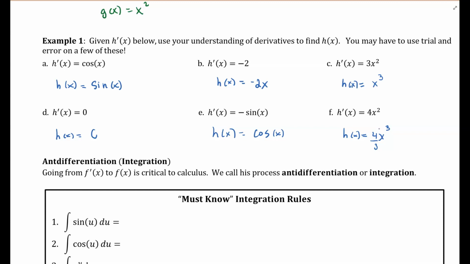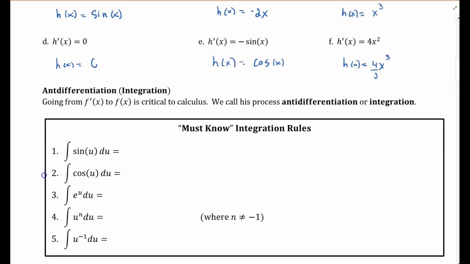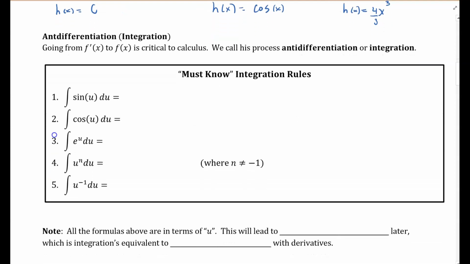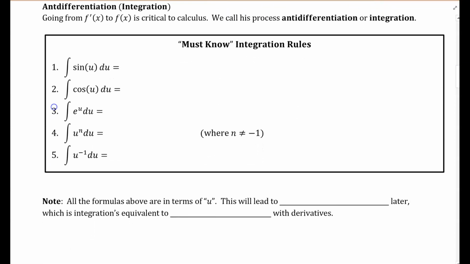So we're going to go ahead and talk about antidifferentiation or integration. And notice these terms are used interchangeably. They are synonyms. And here are just some of the must-know basic integration rules for functions.